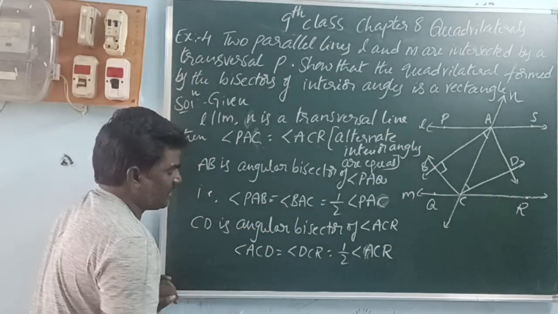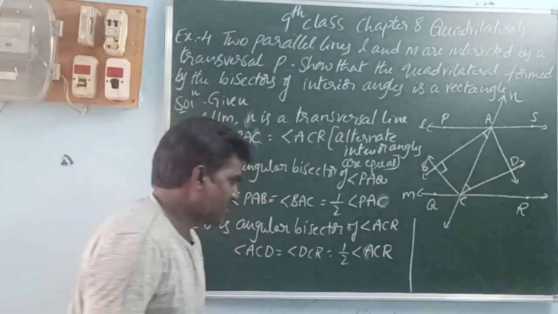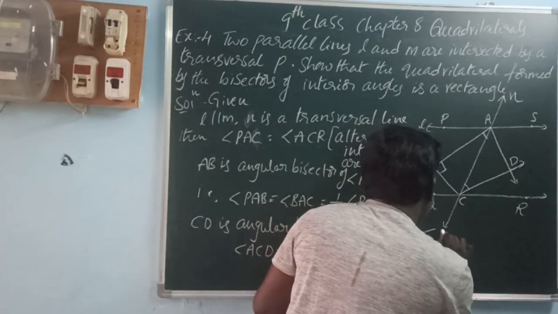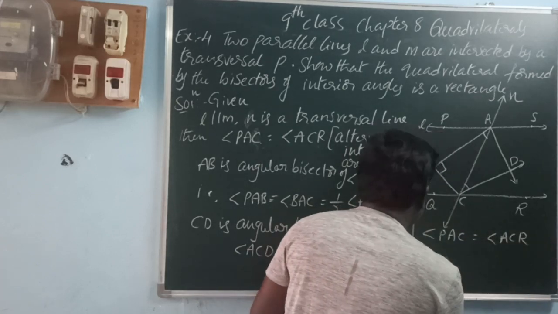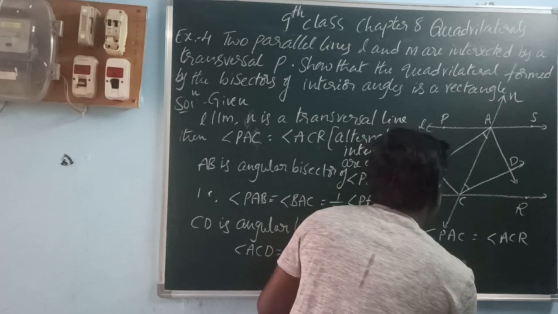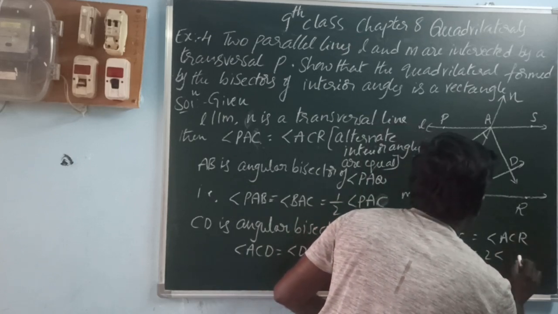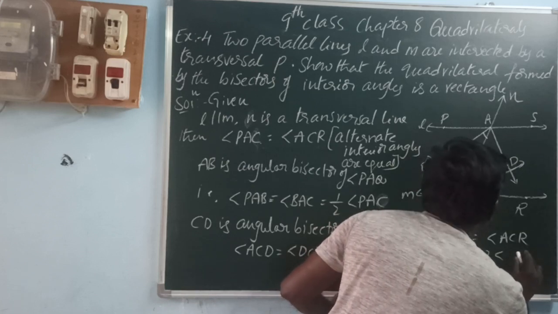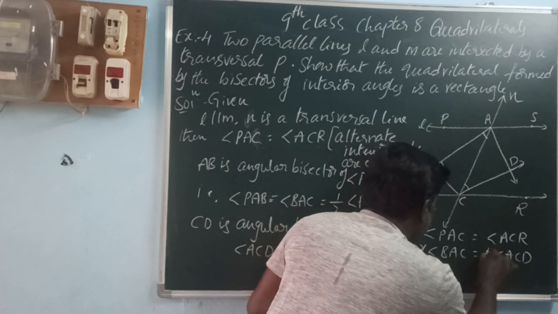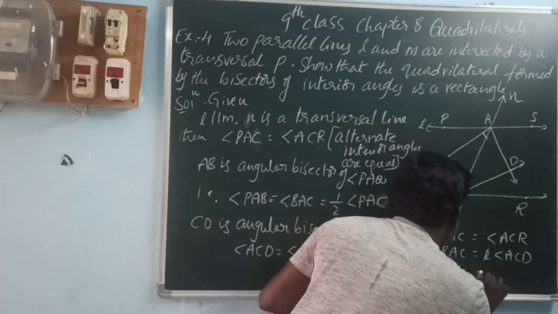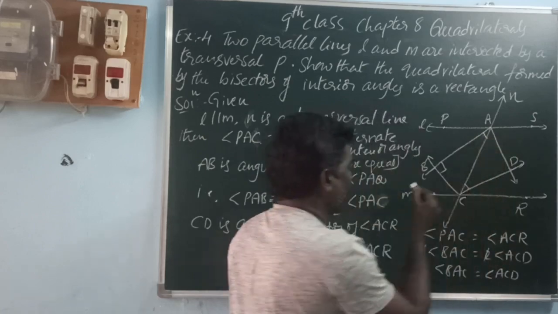From this we can write PAC equals angle ACR. So 2 times angle BAC is equal to 2 times angle ACD. The 2 cancels, so angle BAC is equal to angle ACD. That means these two angles are equal.